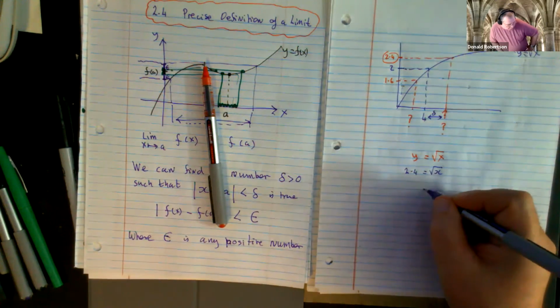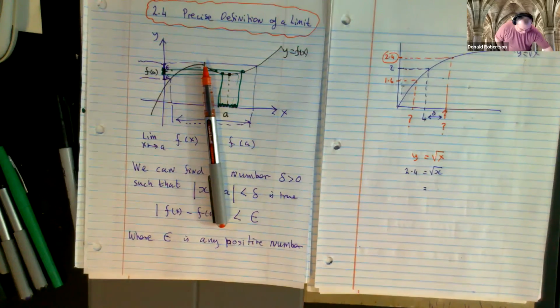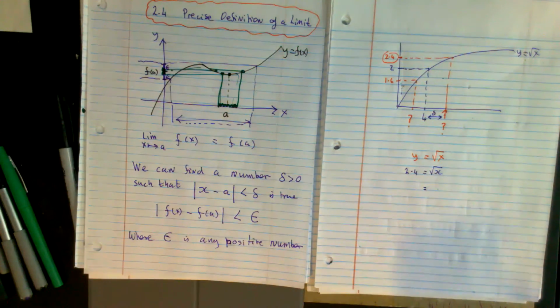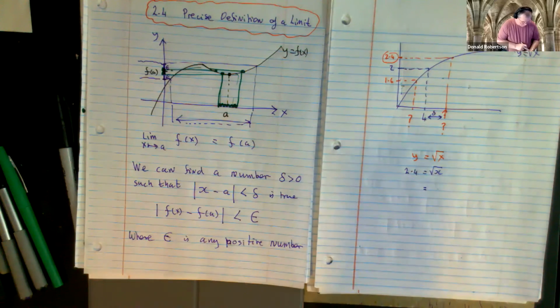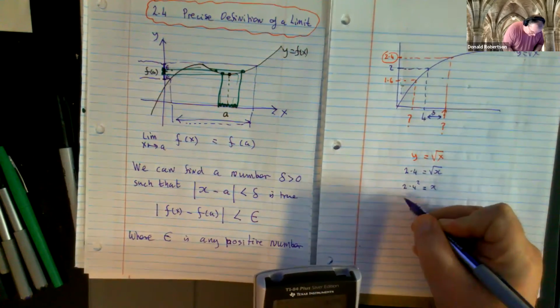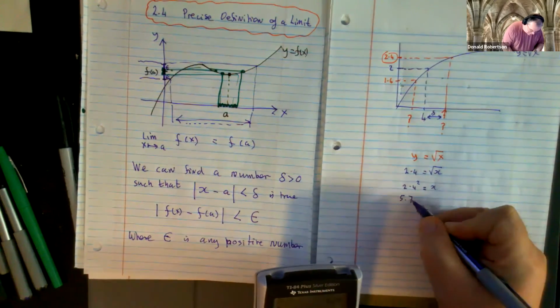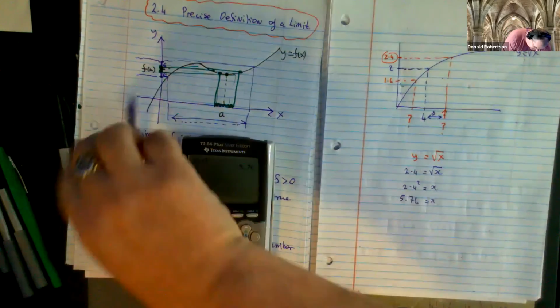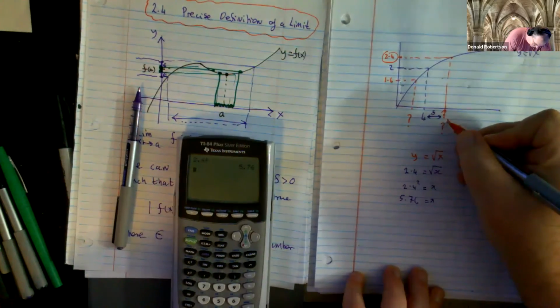Okay, what can I do to both sides to find x? Square them? Yeah, so 2.4 squared. So x is going to be 2.4 squared, which I get to be 5.76. So that means I know this guy. This guy here is 5.76.